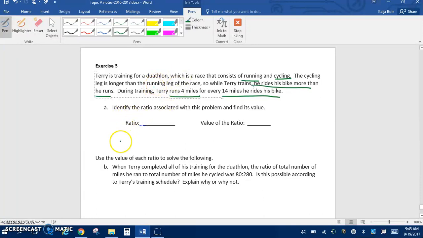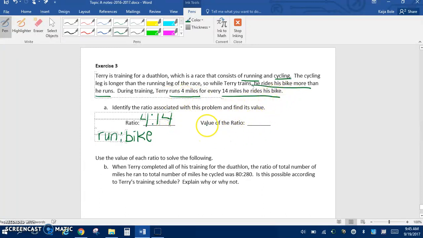So if we look back, we are comparing running, like run to bike, right? Those are the two things that Terry does. So it says here, Terry runs 4 miles, so the first number is going to be 4, for every 14 that he bikes. So our ratio is going to be 4 to 14 based off of what they told us.